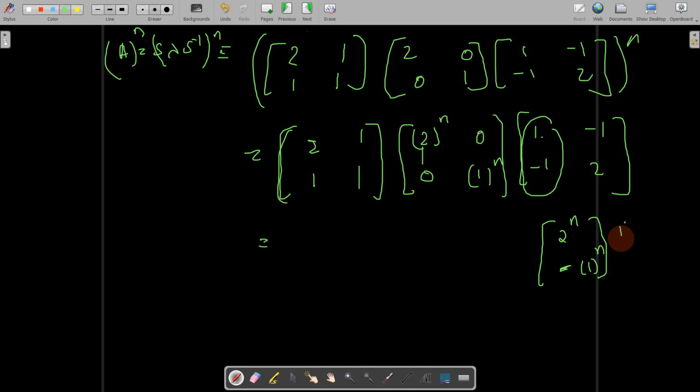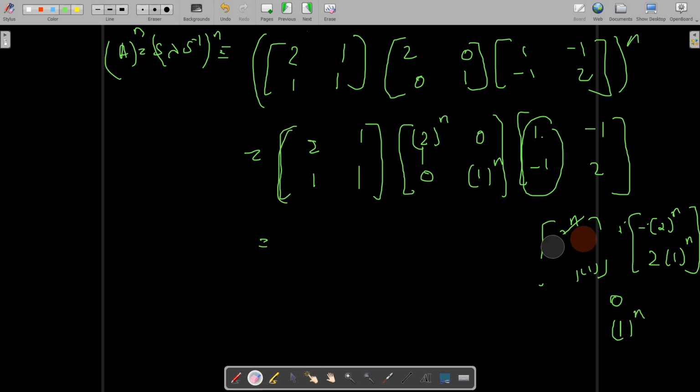And this is the first vector, plus minus 1 times the first column, so that would be minus 1 into 2 power n, and then 2 times this column, so that will be 2 into 1 power n. So if we add, we get this, and this will become 0, and this will become 2 minus 1, which is 1. 1 into 1 power n.